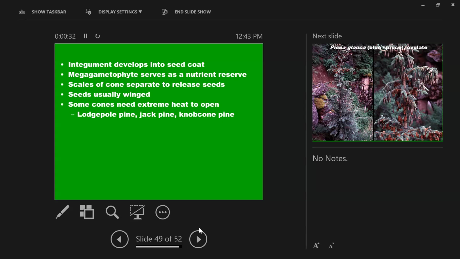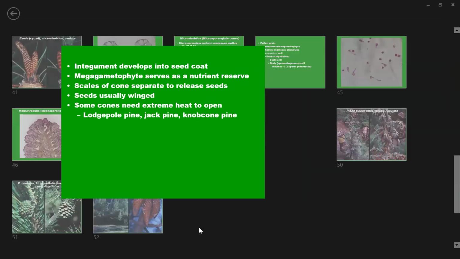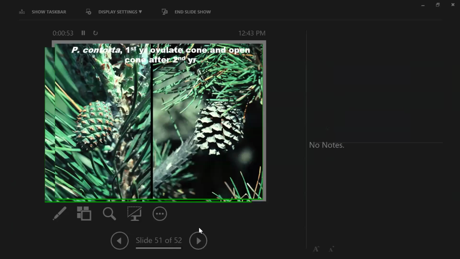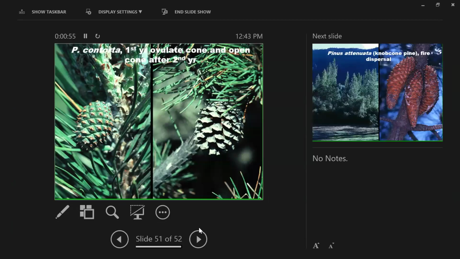So it makes sense to seal up once pollination has occurred, protect everything going on in there, and then open up again when you're ready to release the seeds, or they'll be open for pollination as well. So we looked a little bit at that, where's that picture here? This idea, closed or open.